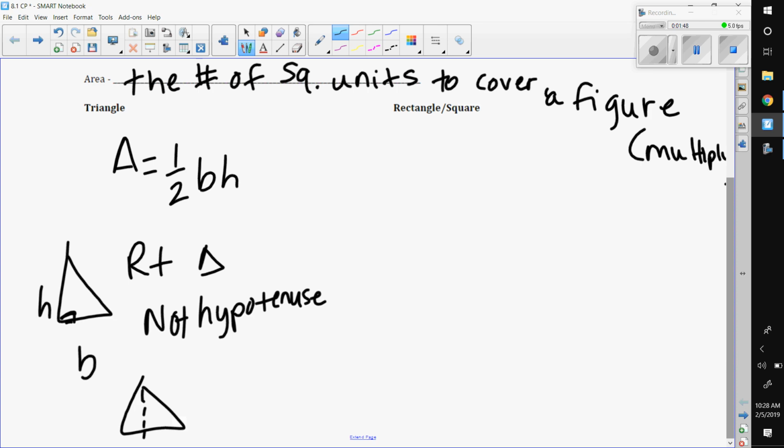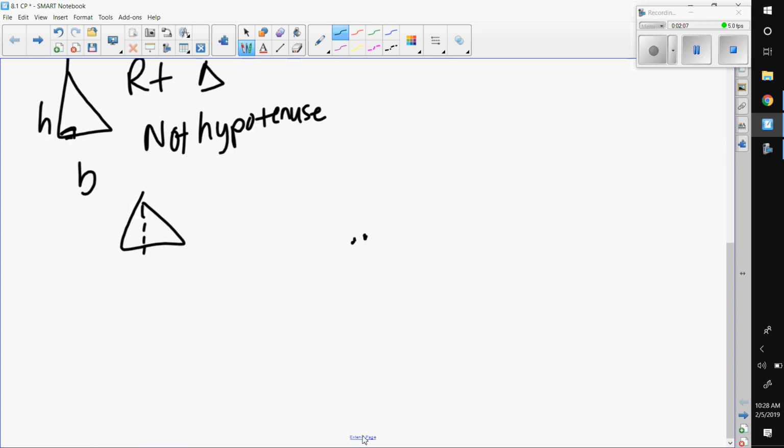we will need to use the height as down the middle, and the base will be on the bottom. The height will be inside the triangle.